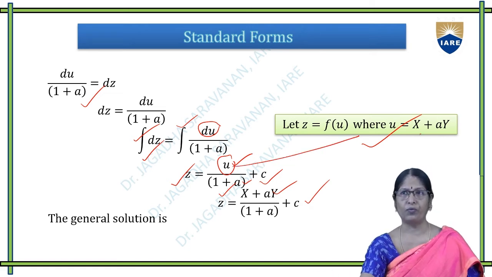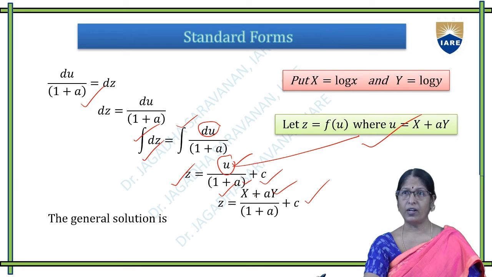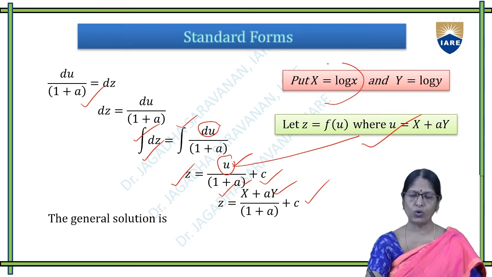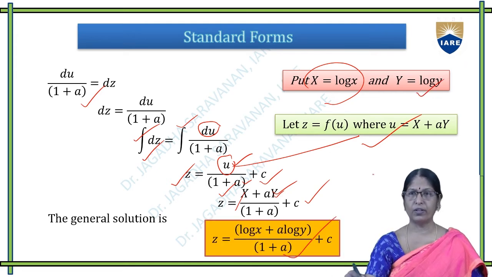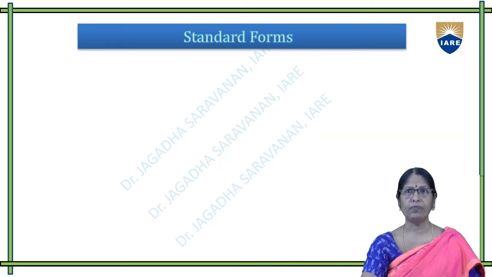That is the condition of the standard form 2 step. In this problem, standard form 5 is our question, so we assumed capital X is replaced by log X and capital Y is replaced by log Y. So the final result we obtained is log X plus a log Y divided by 1 plus a, plus C.